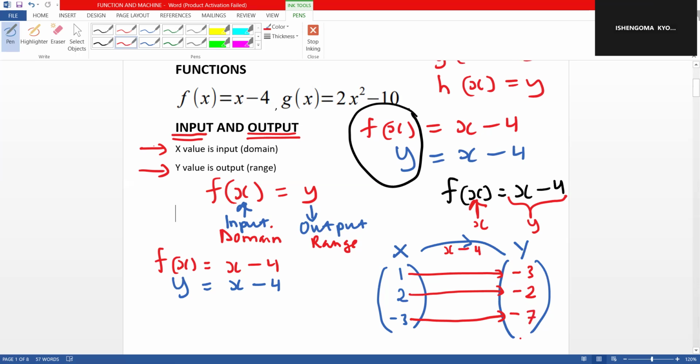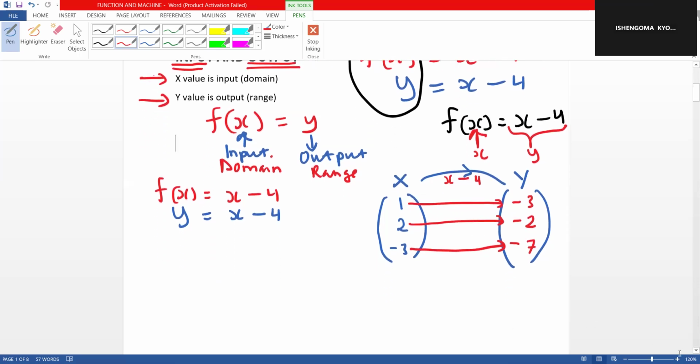That is if I follow the rule of integers. So this is what it means by input to get output. Whenever we use the arrows, this is representing mapping diagram.